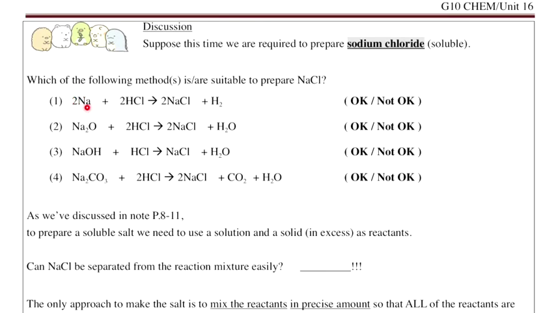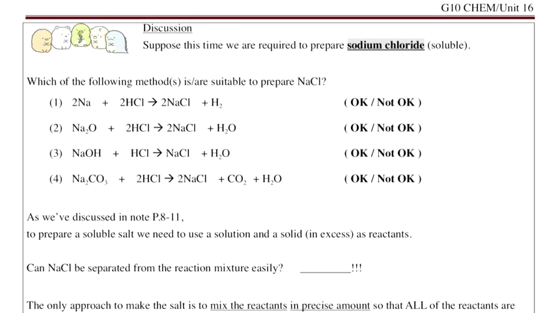We need to be very careful when we drop sodium into water because it's going to have a vigorous reaction with water. And remember, we never put sodium metal into any acid because it's going to cause an explosive reaction. So we will not use this method to make sodium chloride, not practical.